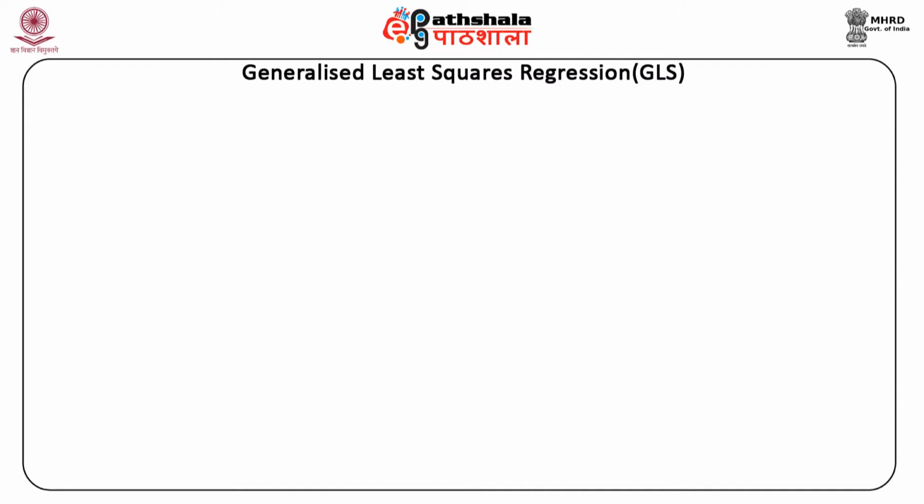In this method, if autocorrelation is present despite correct specification of the model, then this GLS regression method should be used.